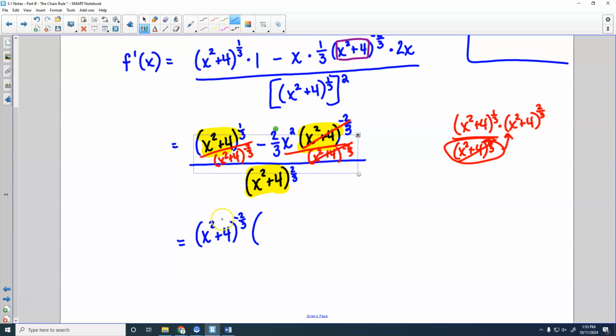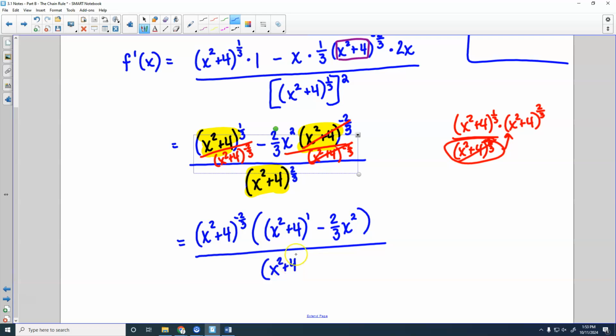So when we factor out that x squared plus 4 to the negative 2/3, on this part, we're left with x squared plus 4 to the first power. And then over here, we've just got minus 2/3 x squared over x squared plus 4 to the 2/3.